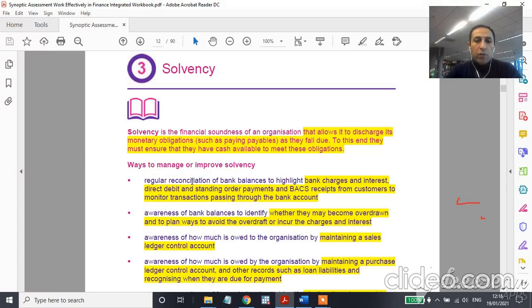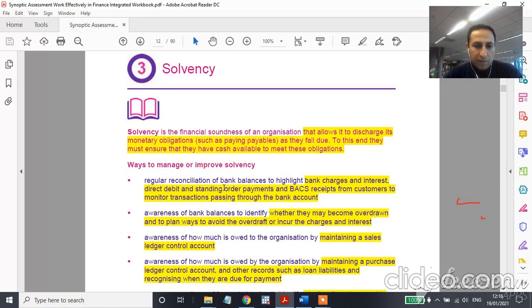You have to look at the balance between what is available and what you expect to pay in the future. This is one way of managing your cash, which we call regular reconciliation of the bank balance.